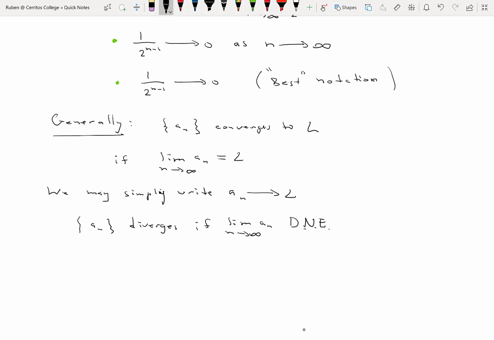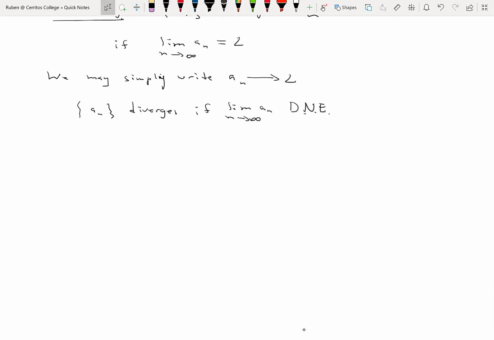Okay, so let's take a look at a rather lengthy example. I want to consider different sequences, and I want to determine whether they converge or diverge. And what I get to use is all the limit properties that I learned in Calc 1. Your author summarizes this in section 11.1. He rewrites the limit theorems that you learned in Calc 1, but specifically for sequences.